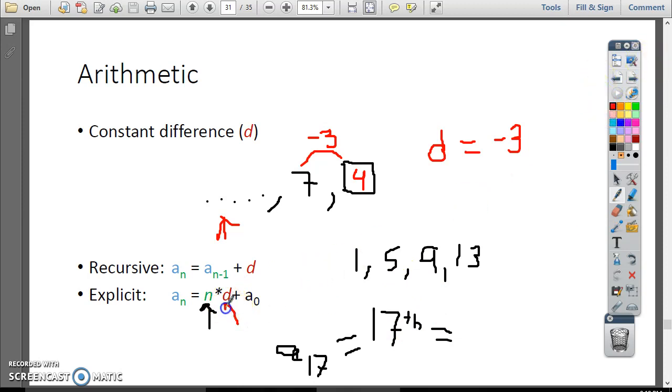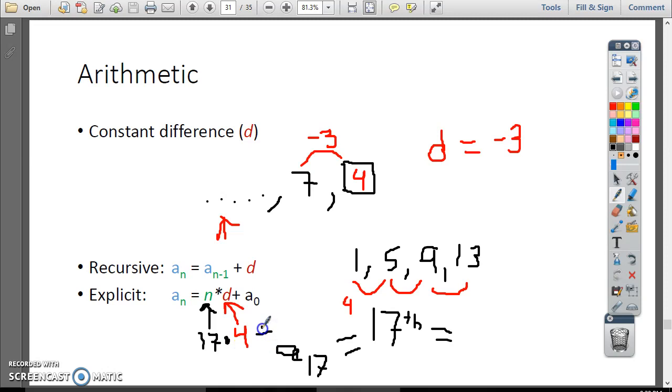Do we know, for this problem, what D is? Of course, D, in this case, is 4. Okay? So that's going to be 4. And this n is going to be 17. So far we've got 2 out of the 3 parts of this formula done.